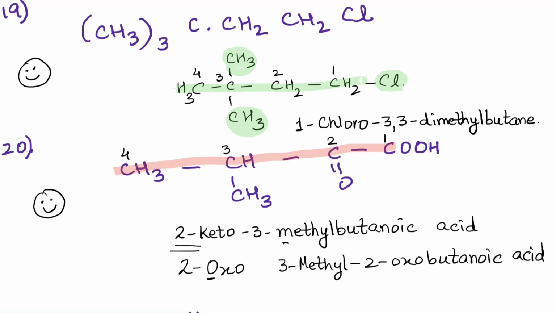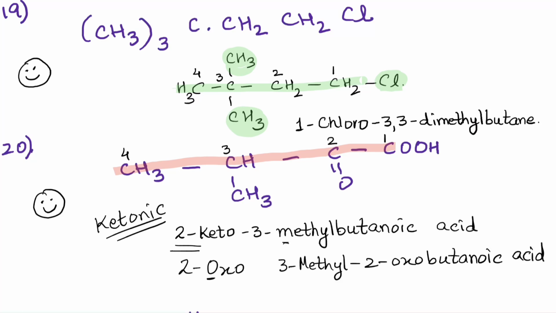Let me add here that the more preferred system according to the new IUPAC regulations is the oxo, the word oxo for the C double bond O group. Although in a number of compounds, in fact, when you will be studying organic chemistry and organic compounds, you will study it more as ketonic group.